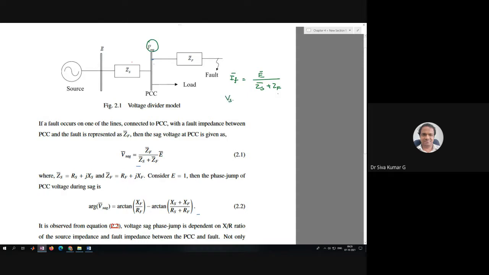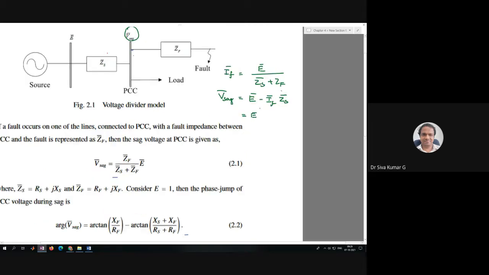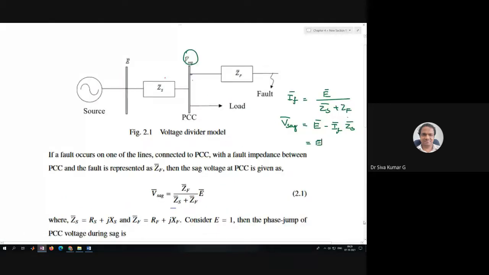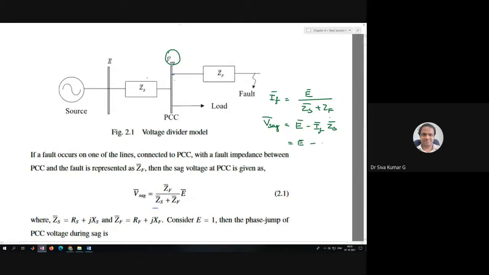V sag bar is equal to E bar minus I_F bar times ZS bar, which gives E bar minus ZS into E bar by ZS bar plus ZF. Simple voltage divider rule only, with the fault impedance ZF.